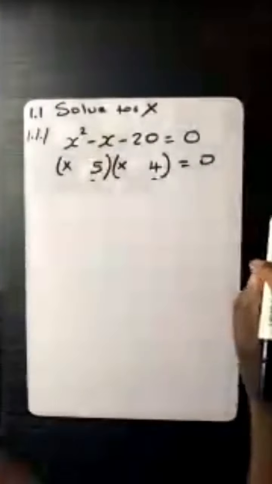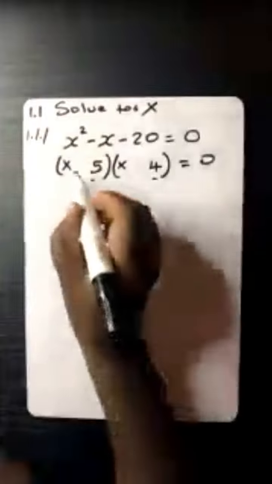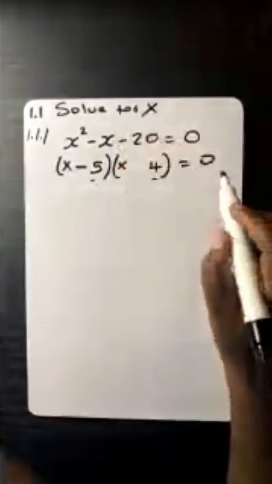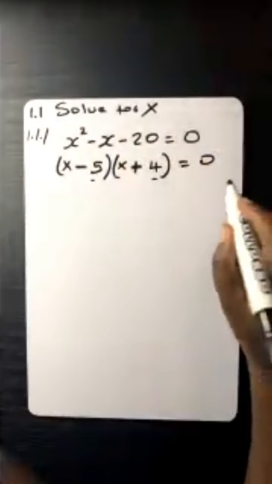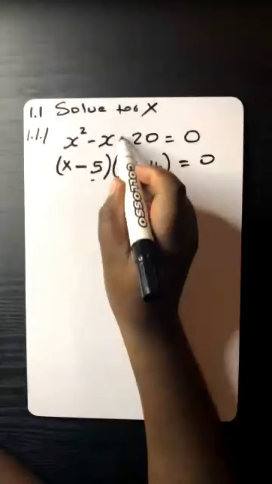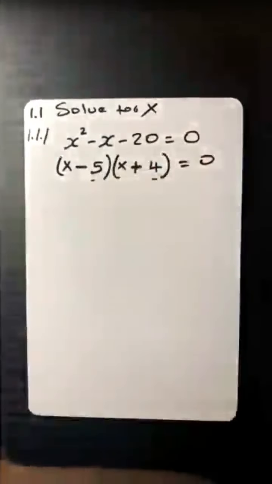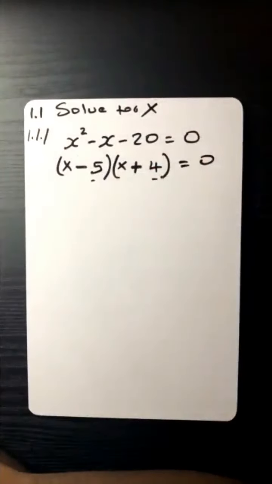What is the sign of the middle term? It's a negative value. Okay, so because your c value is negative, then the other value has to be positive. If the c value was positive, then you are going to have negative on both of those factors. So that's a point that you need to note down.